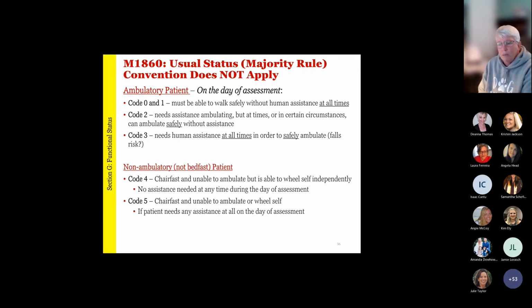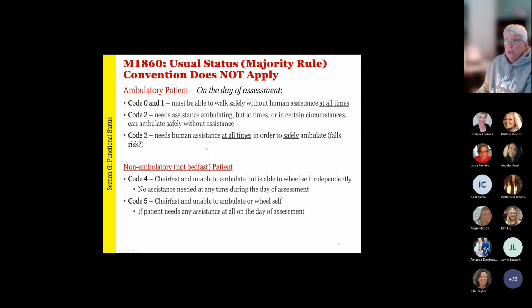What's going on with them? But it's one of those things that if they have assistance, then they're safe walking with them. You're going to be code 3. If they have assistance and they're still not safe, they still can't be deemed safe by any stretch of the imagination, that's not going to be code 3. And we'll talk about that, I think, on the next slide.